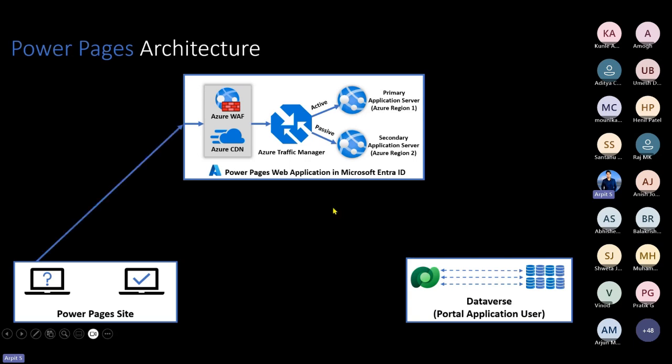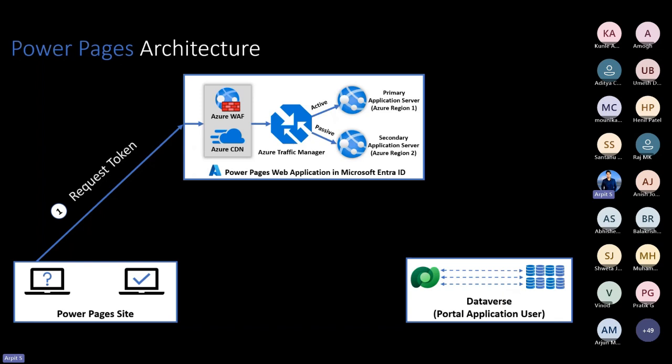So first, whenever you hit the Power Pages site from your browser, it first redirects your URL to the Power Pages web application, and it basically asks for the token. Okay, and token is nothing, it's just the identification that you are the authenticated person.